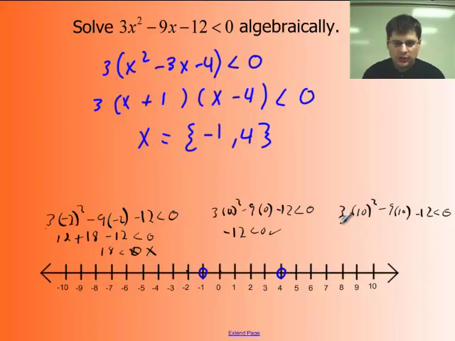So this is going to give me 300 minus 90 minus 12 is less than 0, and that's going to give me 198 is less than 0. And well, that's not true. So my solution region is anything in between these two open points.